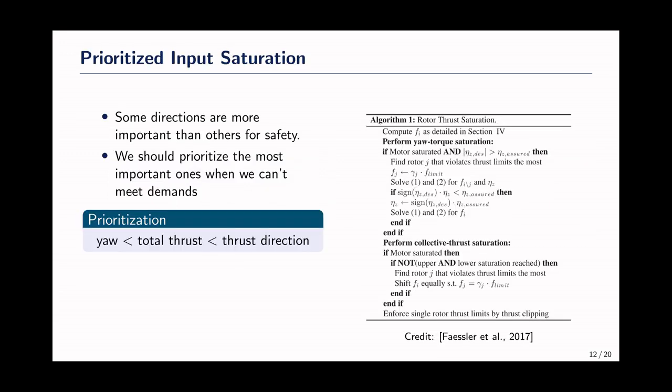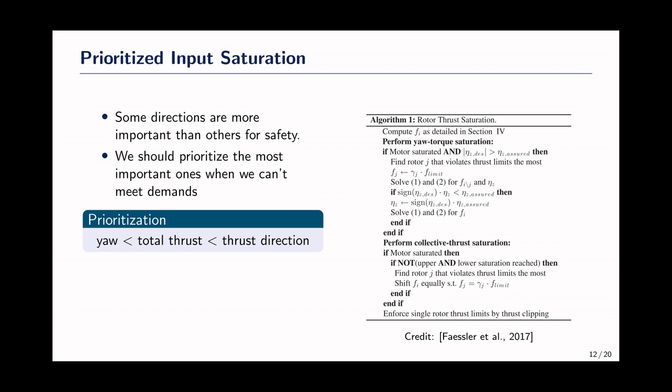Now let's talk about the more interesting contribution of the paper, which is the prioritized input saturation. Again, we want to push our aggressive capabilities while still maintaining saturation of the parts we want. That leads to this intelligent saturation scheme, the prioritized input saturation. The key realization is that some directions are more important than others for safety.